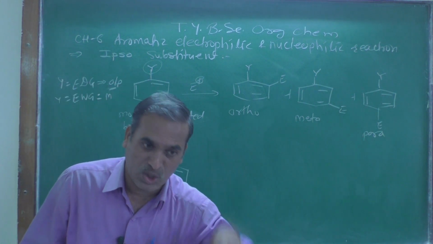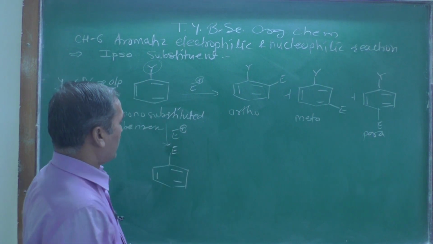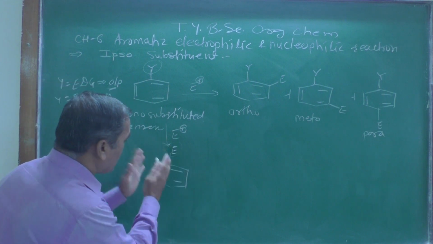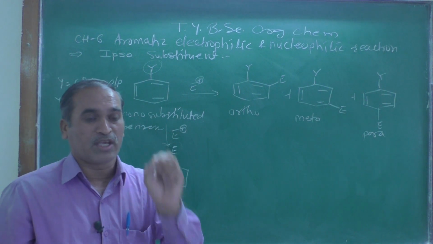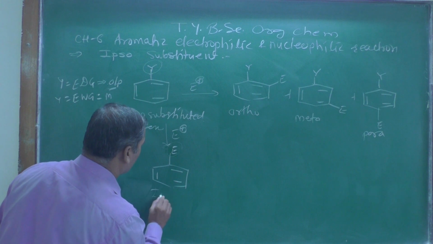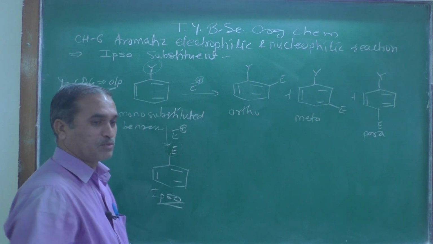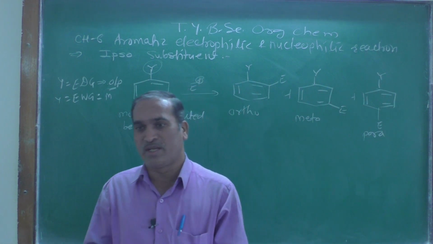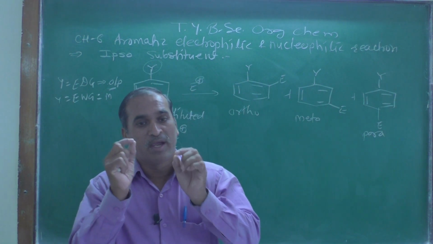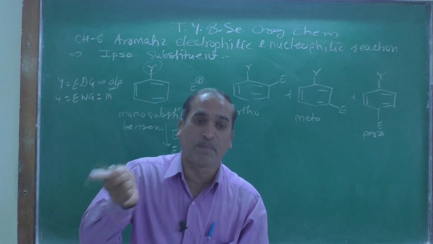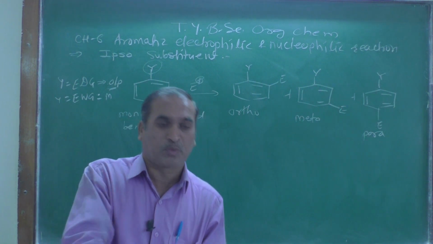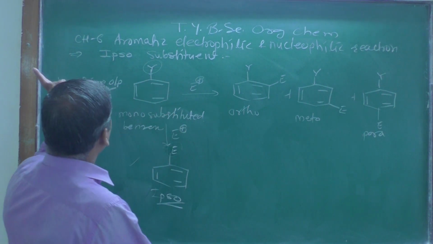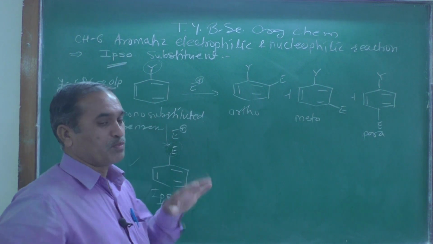Whatever group is present on the monosubstituted benzene gets replaced by that electrophile, and this type of substitution is known as ipso substitution. Ipso substitution means whatever group is present on the benzene ring, that group itself gets substituted by the electrophile.